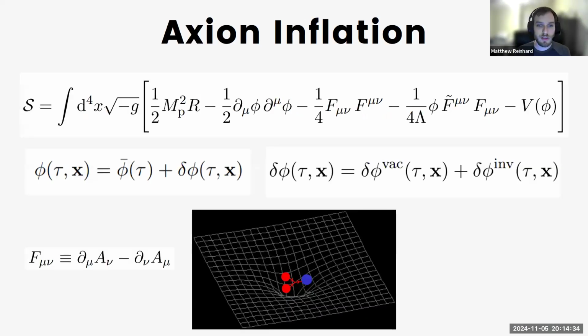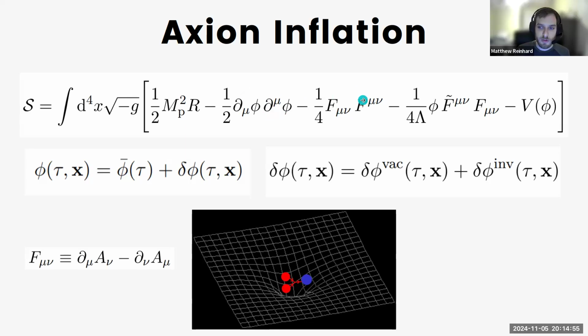So this model is known as Axion inflation, and I've given the action here for Axion inflation. We have the Einstein-Hilbert action, the kinetic term for the Axion field, which in this model is the inflaton field itself driving the expansion of space.